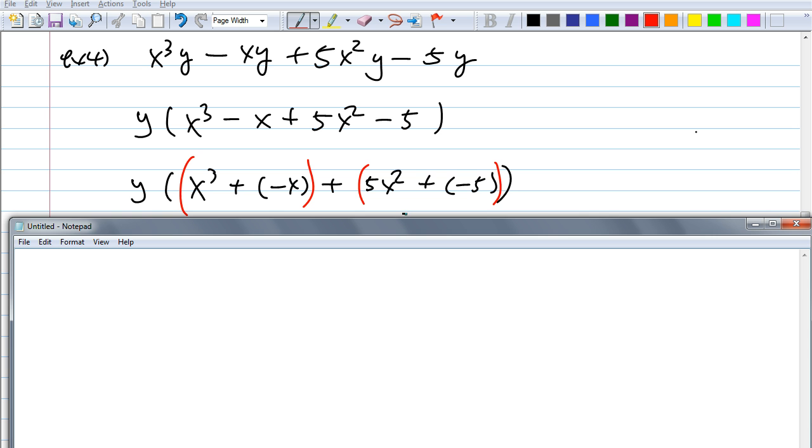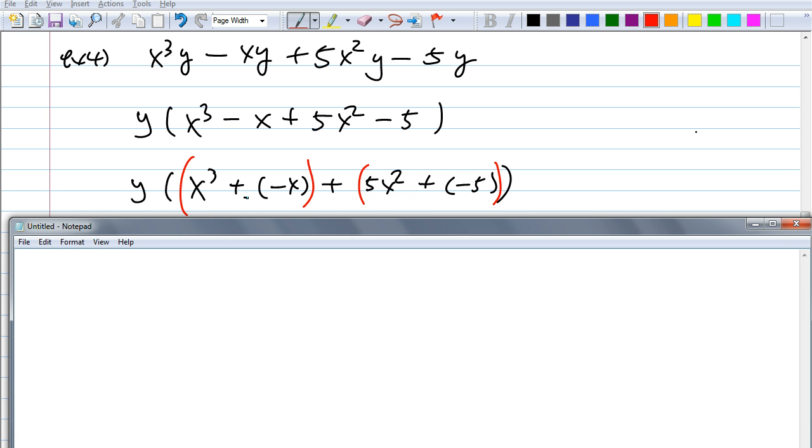Huh? No, the first two terms. When you factor out x, what do you get? You've got x cubed plus negative x. When you factor out the x from there, what do you get? x times what gives you x cubed plus negative x, in other words.